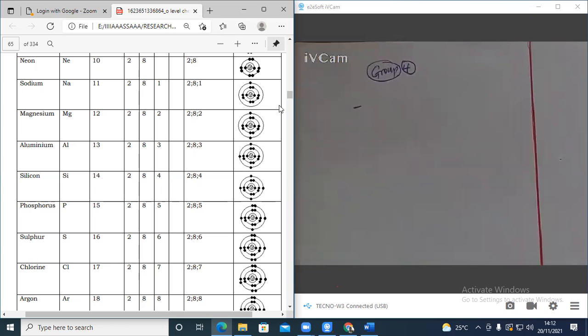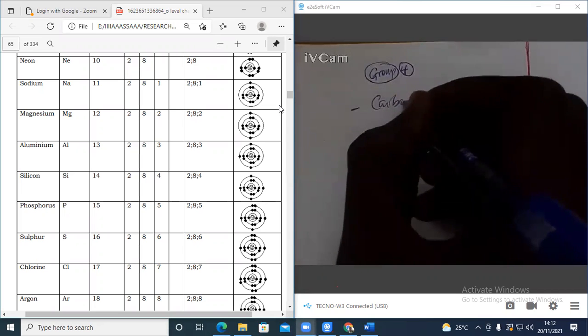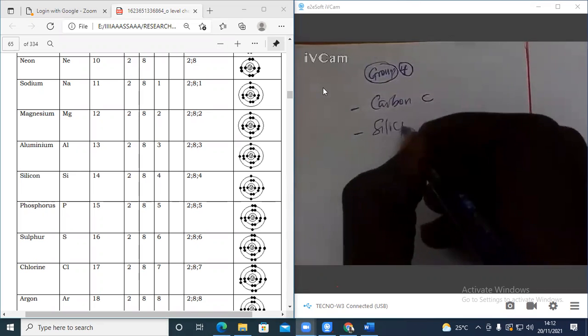Group 4 elements. Read for me if your periodic table is ready, because this work was for yesterday. Time is going. Carbon. Carbon, good. Silicon. And silicon. Thank you.